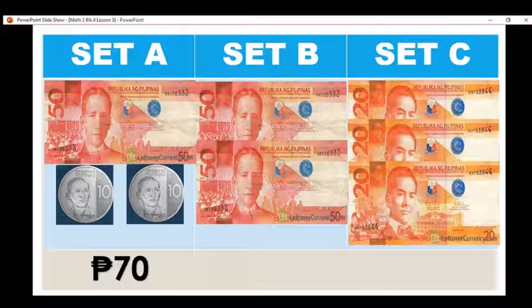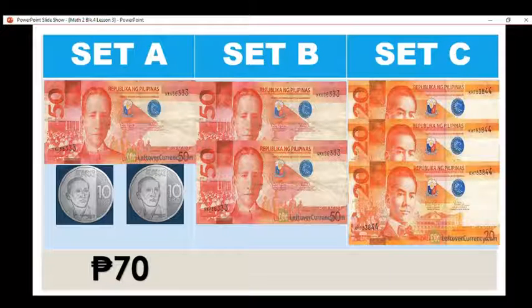Very good. How about set B? We have two bills of 50 pesos. What would be the total amount of our set B? 50 plus 50. We'll skip count by 50: 50, 100.